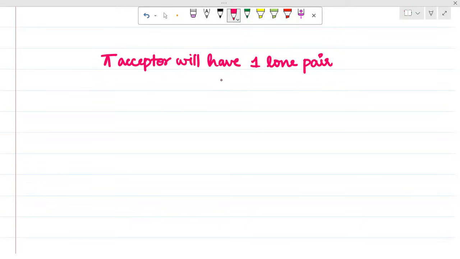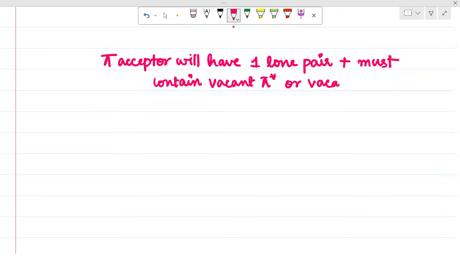That is for sure, for which it needs one lone pair. Along with that, it must contain vacant pi star or vacant d orbitals, so that it can accept the electron.